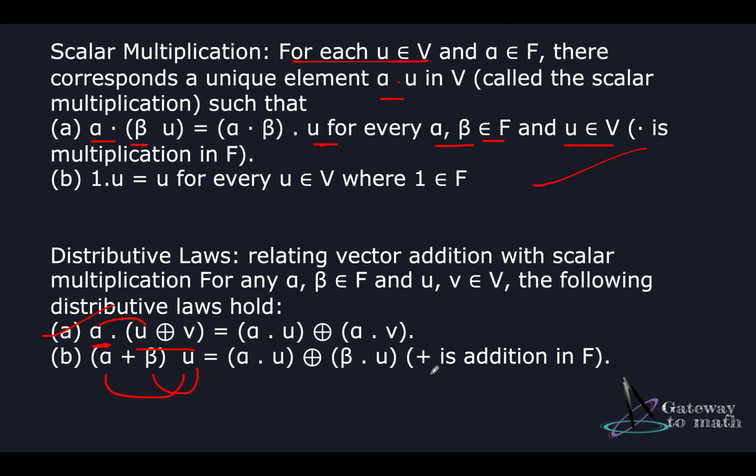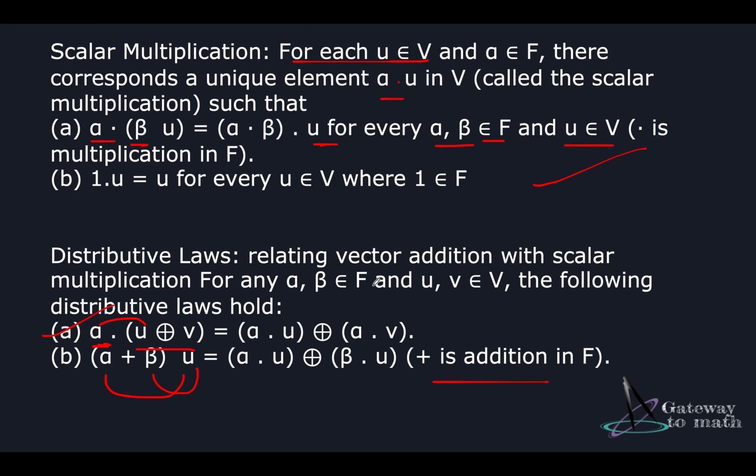So addition is closed over the field and it's a part of the vector space. So these are the properties a vector space should satisfy to be a vector space over a field. Okay, and we need to remember them.